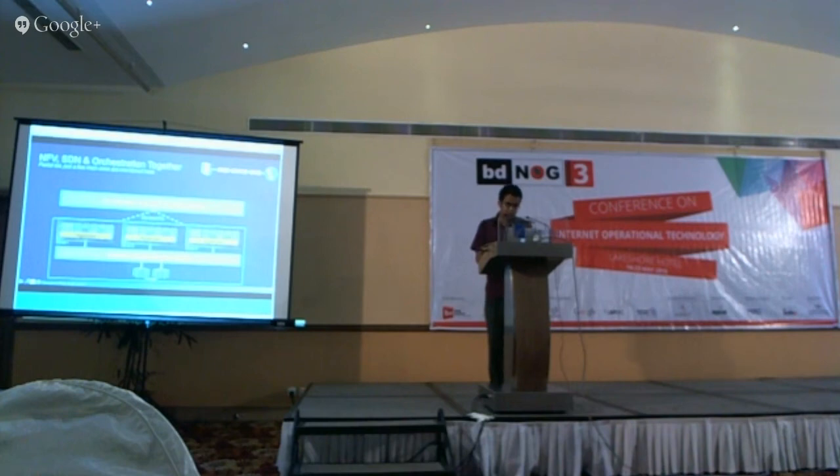I have a firewall, before the firewall I have a NAT, and after the firewall I have a DPI. These are the three services being applied to each and every traffic going from left to right, and also for the return traffic coming from right to left. So how might this happen in an orchestrated environment that is leveraging both NFV and SDN?